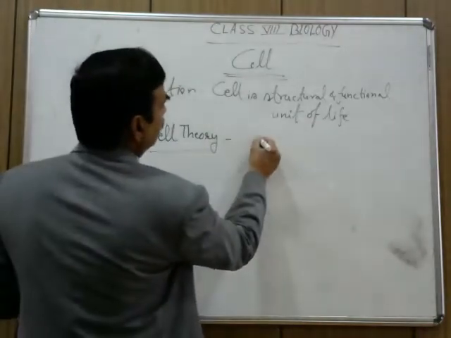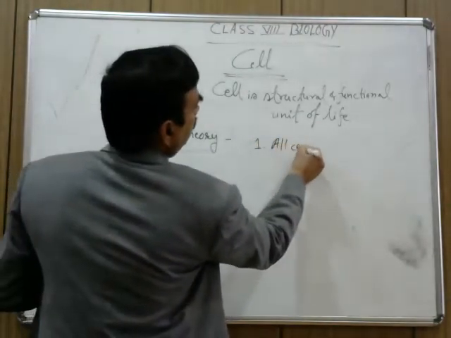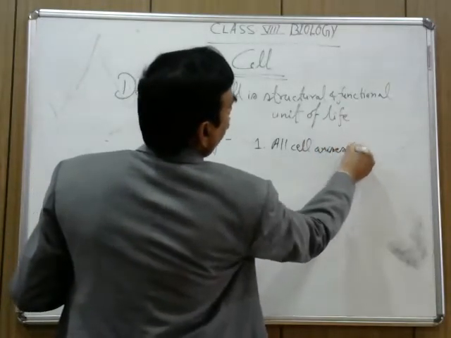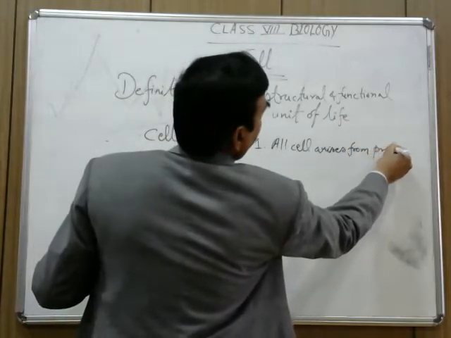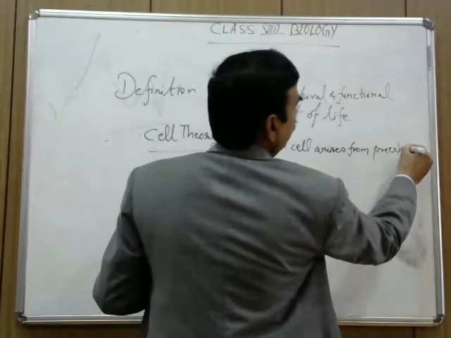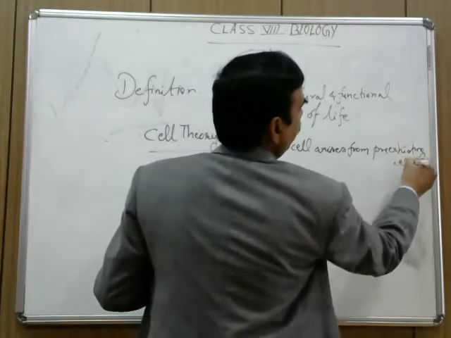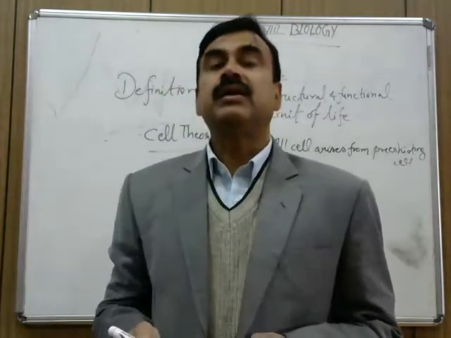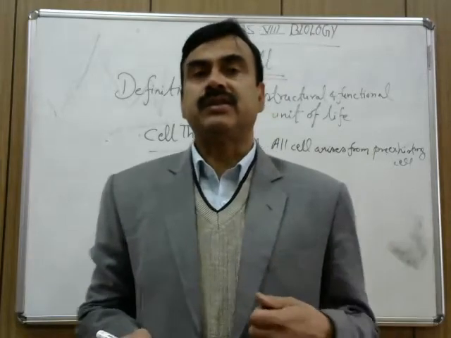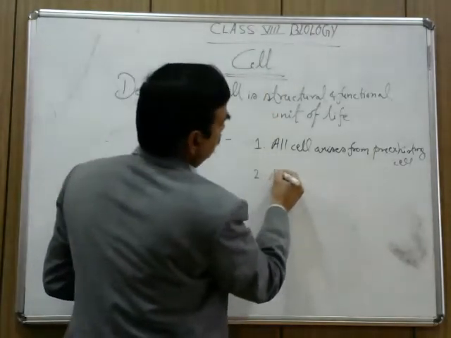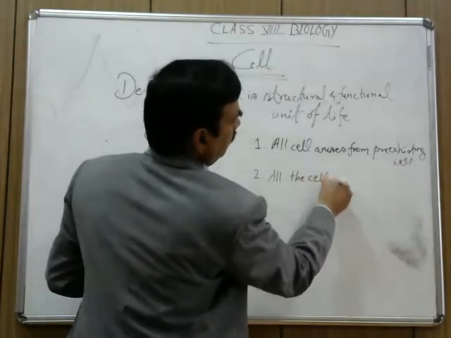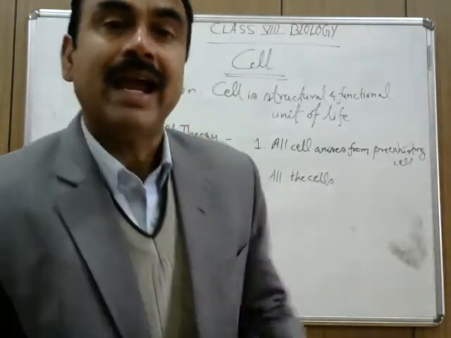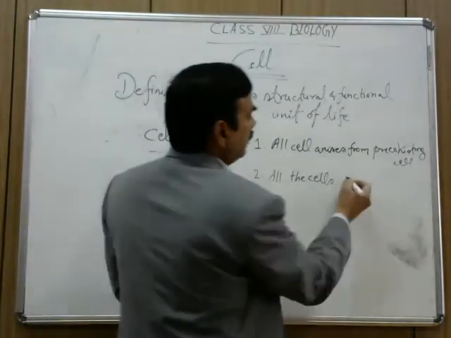Number one, all cells arise from pre-existing cells. Number two, all cells are responsible for making structure and doing functions.